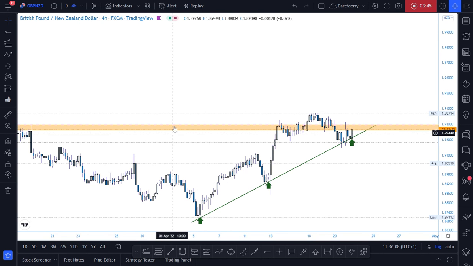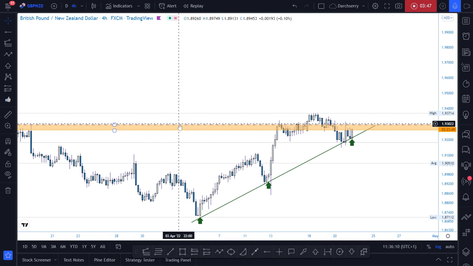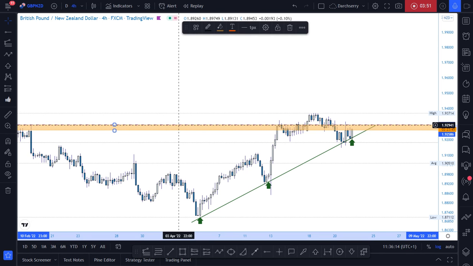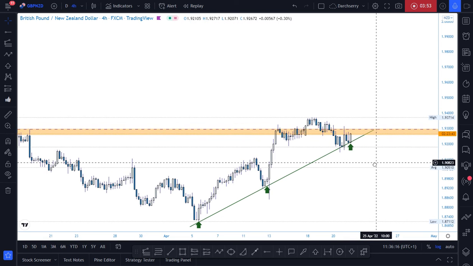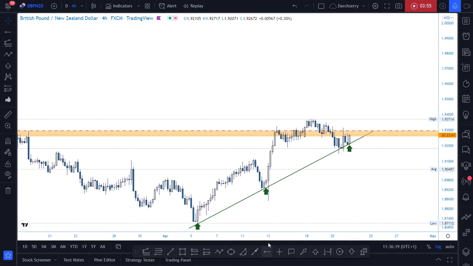So in this regard, I placed the pending order at 1.9392962, which is somewhere around the key level. So we'll be expecting price to push out of that key level.